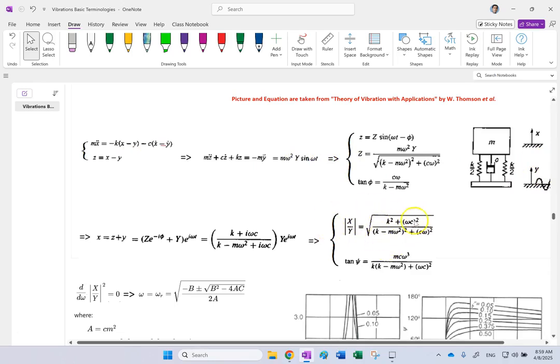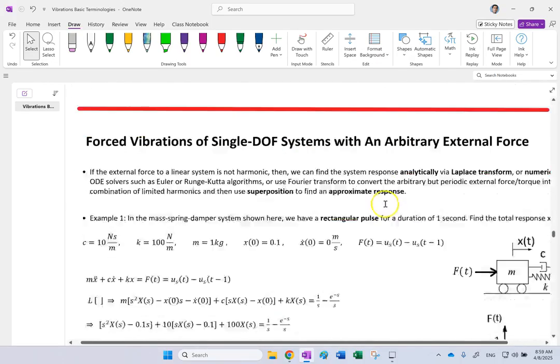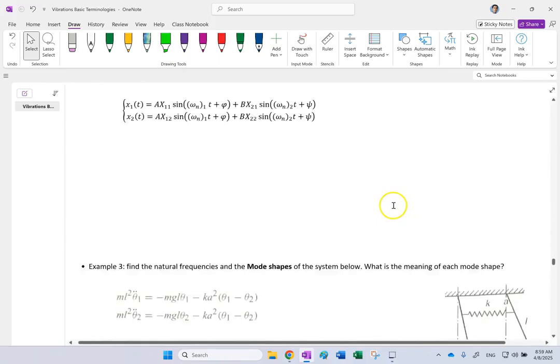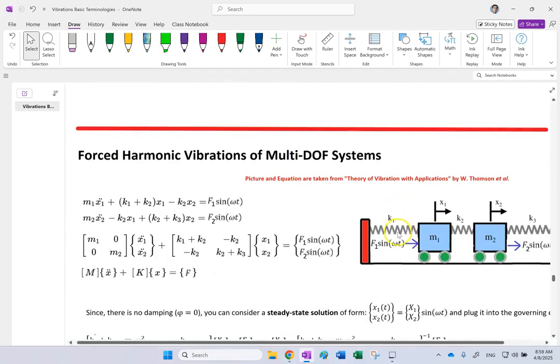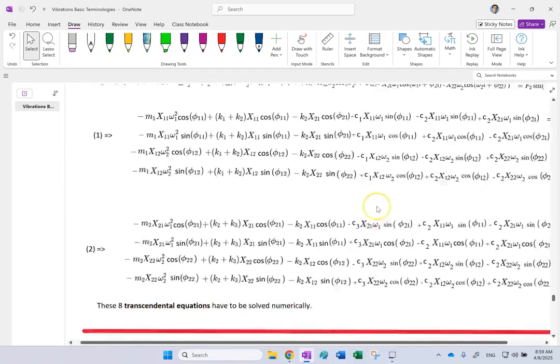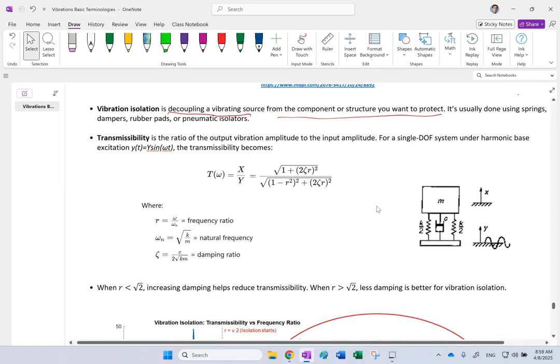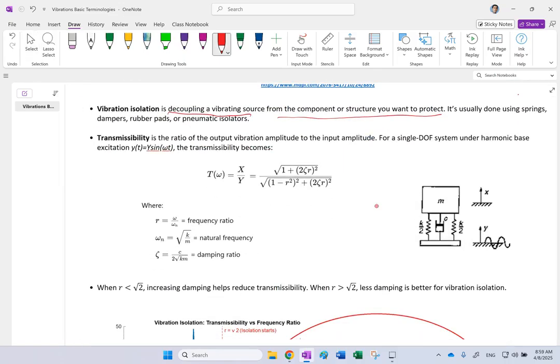So we found this ratio, which is magnitude of X over Y, and you see it's a function of frequency, k, c, and m. And this ratio here, that is the target magnitude of vibration to the source magnitude of vibration, this function is what we call transmissibility.